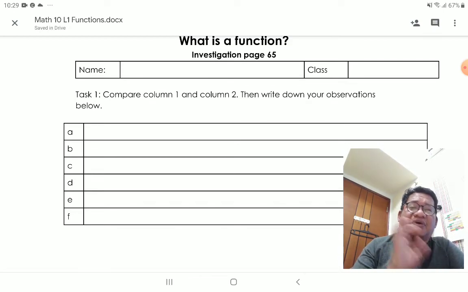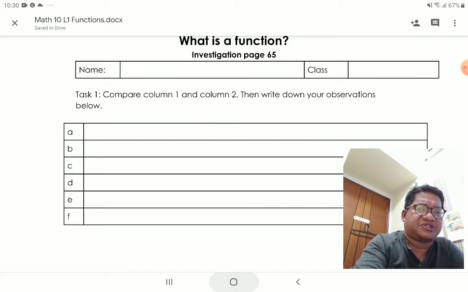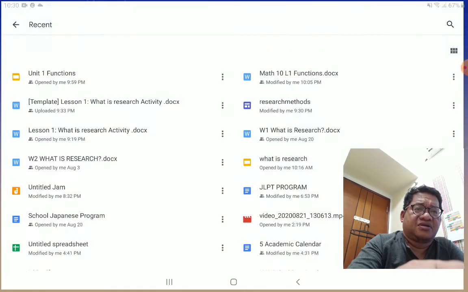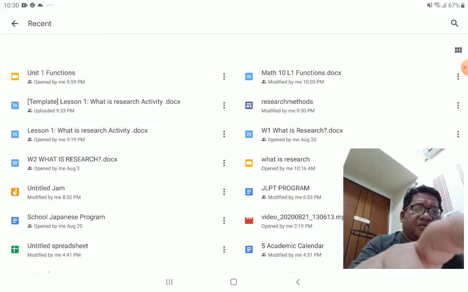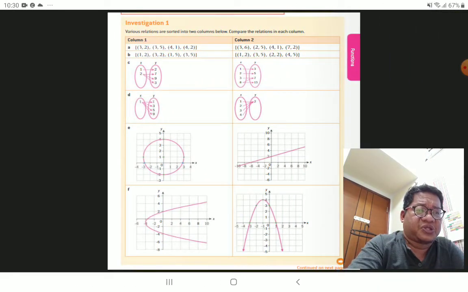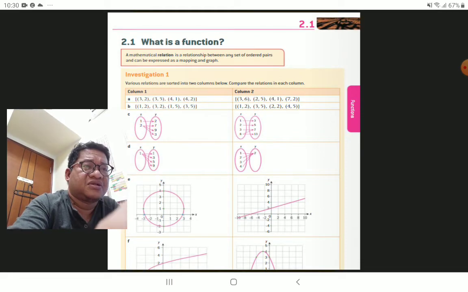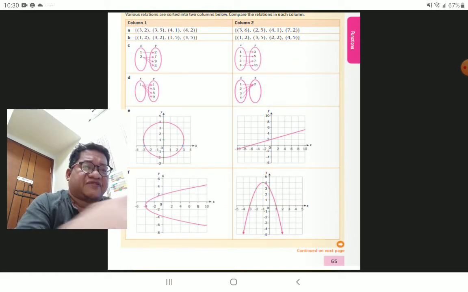Okay, so that's all for this introductory video. Again, I am expecting that you're going to read from the beginning until page 64. Alright, is it page 64? Let me just look at it again. Until here, page 65.